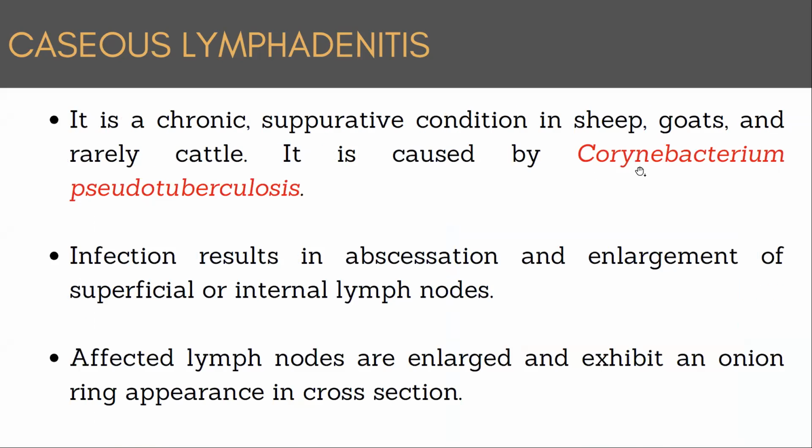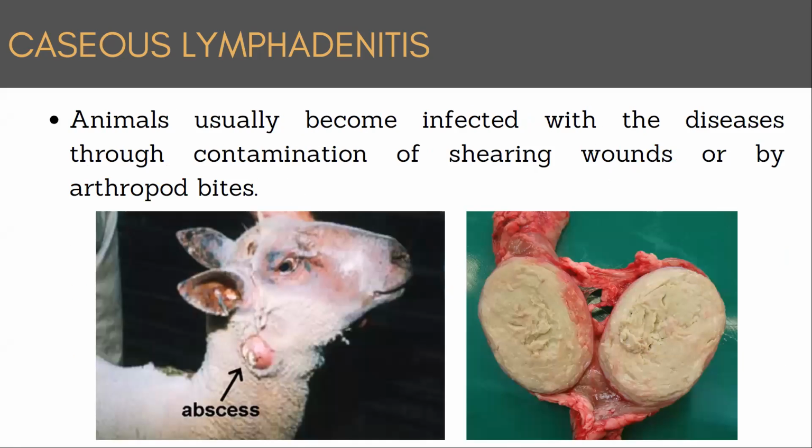So, fun fact lang about our causative agent, Corynebacterium pseudotuberculosis. So, this bacteria will appear like Chinese characters when you look at them at the microscope. So, yun yung description nila sa mga reviewers namin. So, Corynebacterium bacteria appear like Chinese letters when viewed on the microscope because of their clumping.